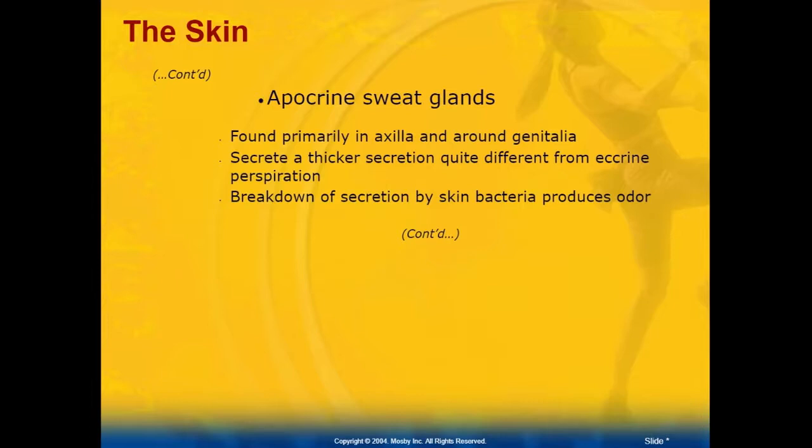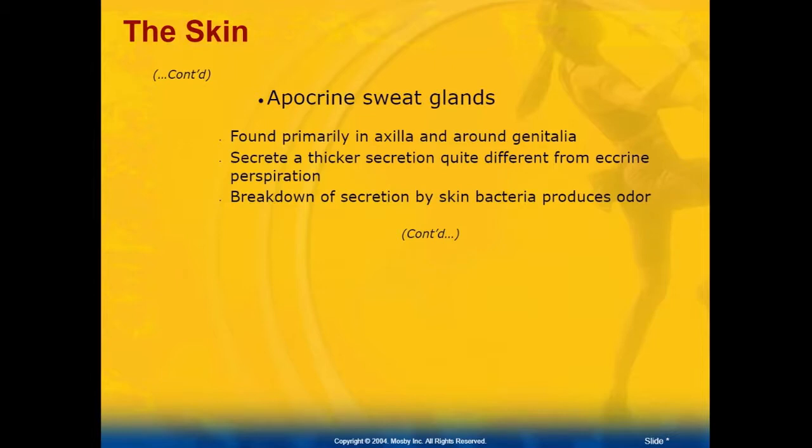But when this apocrine sweat comes out, it mixes with the bacteria, and that creates the odor. Some people have a little more apocrine secretion than others, or a little more bacteria on their skin than what we like to smell. Of course, we talked about how to trick patients into taking a bath, so this might be another situation where you have them do that.